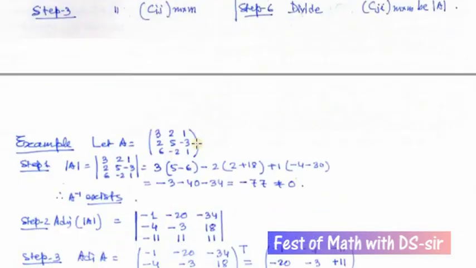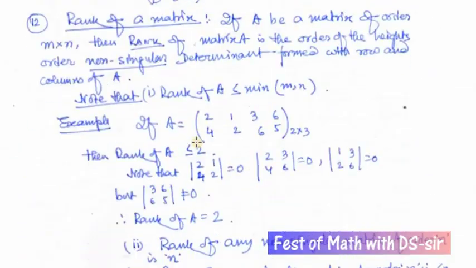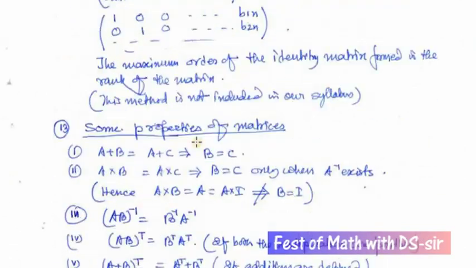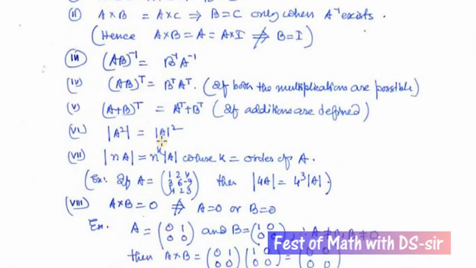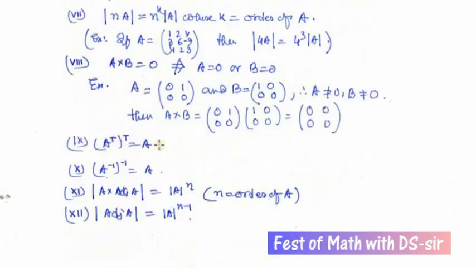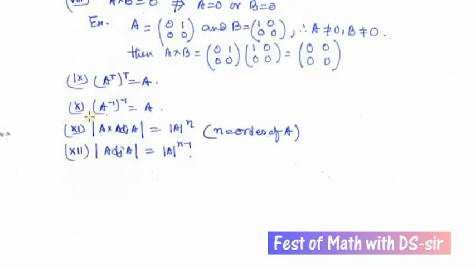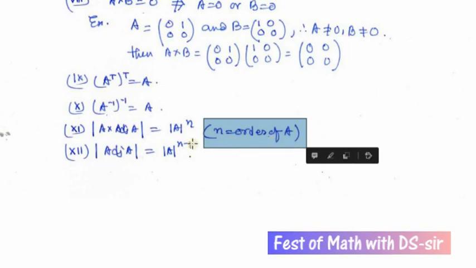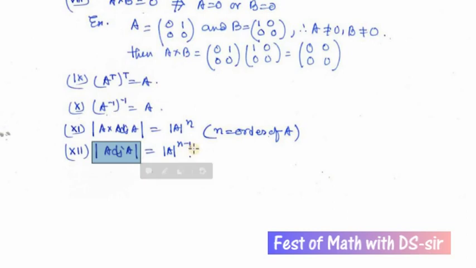If A is of fourth order, it will be det A to the power 4. That's why the result follows: det of A into adjoint A is det A to the power n, where n is the order of the matrix. Now see, there is one more result. Det of adjoint A is det A to the power n minus 1.